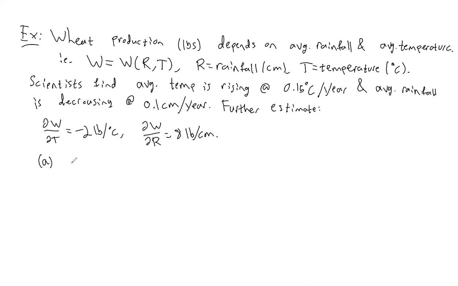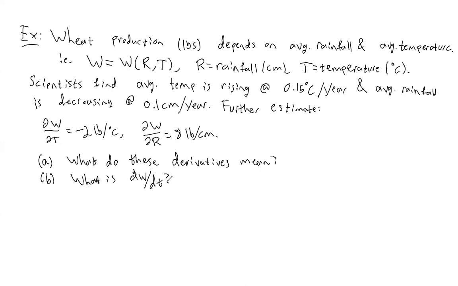First of all, what do these partial derivatives mean? And the second question is, what is dW/dt? How is wheat production changing with time in this model?